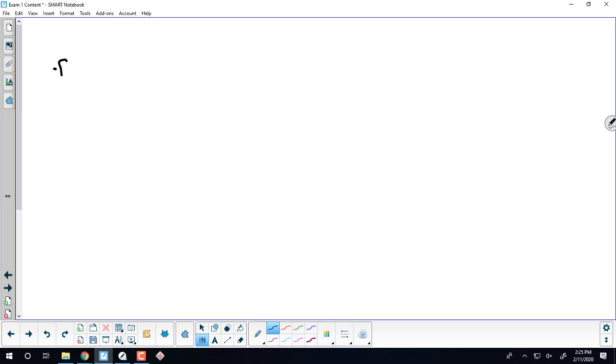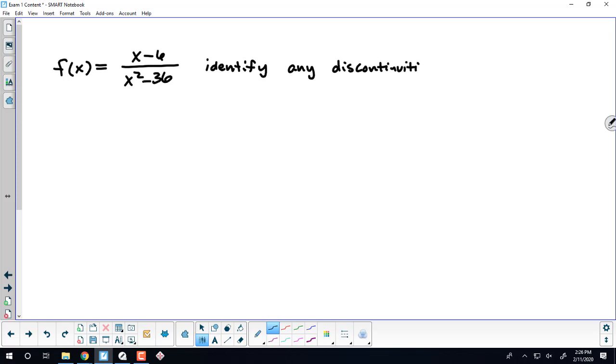All right, let's look at this example. You're given f of x is x minus 6 over x squared minus 36. You want to identify any of the discontinuities, which again are holes, removable, and vertical asymptotes.